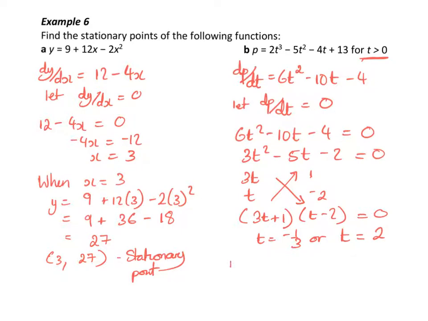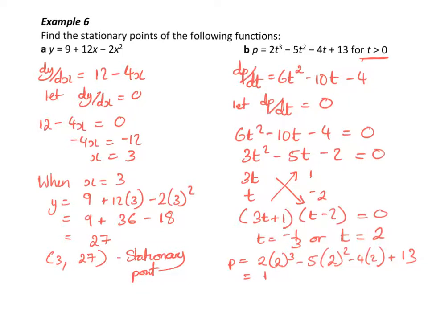So p is equal to 2 times 2 cubed minus 5 times 2 squared minus 4 times 2 plus 13, and when you work that out you get 1. So therefore for this one our stationary point is when p is equal to 1 and t is equal to 2.